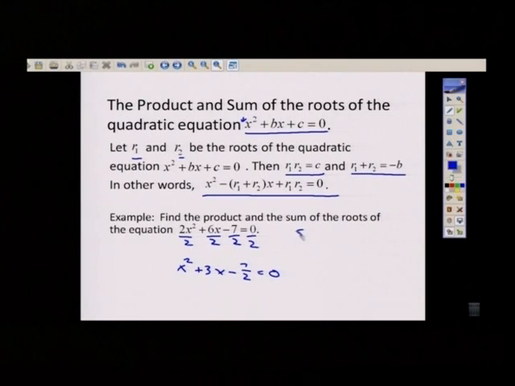So looking at this, can you tell me what the sum and the product of the roots are without actually solving the equation for those two roots? So just to double check now, the sum is the opposite of the b term, so that would be -3, and the product of the two roots is the c term, which is -7/2.